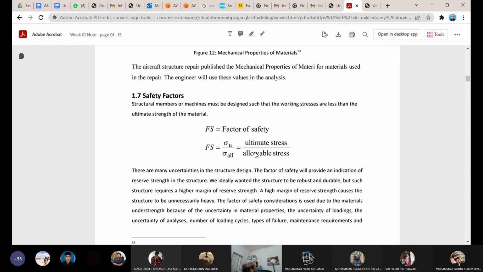If you see a factor of safety of 1.5, that means 50%. It means that the structure you have designed is 50% higher than the operational load of the structure. So you have to design higher than the operational load so that there is a margin.